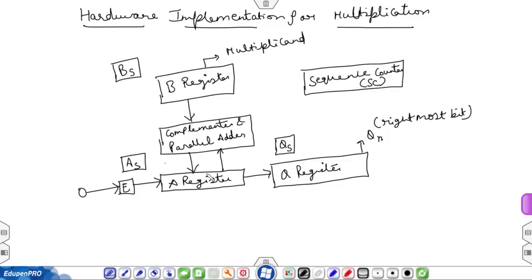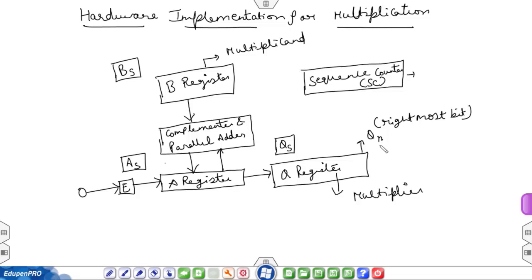Here the A register will hold the partial product result. The B register is used to store the multiplicand. The sequence counter holds the number of bits that are in the multiplier. The Q register is used to store the multiplier, and the sign of the multiplier will be stored in QS. Qn is the rightmost bit of the value stored in the Q register.